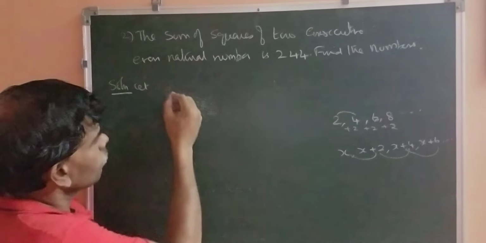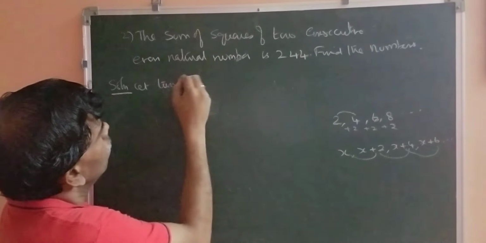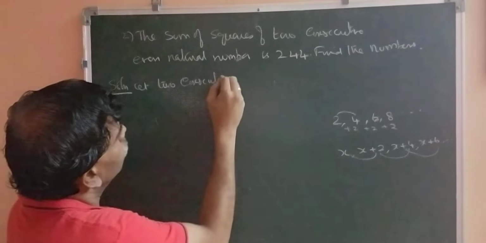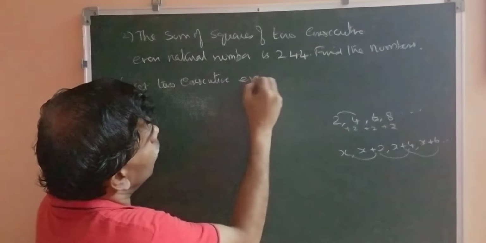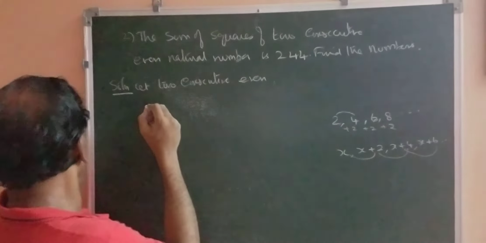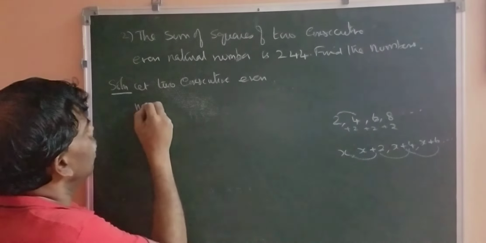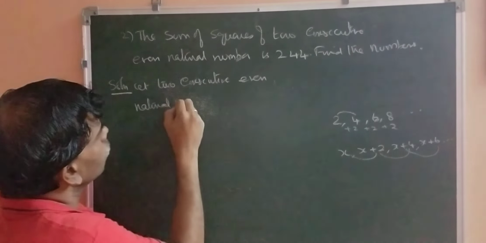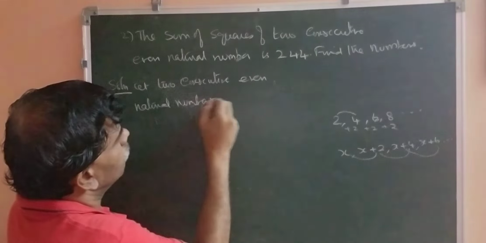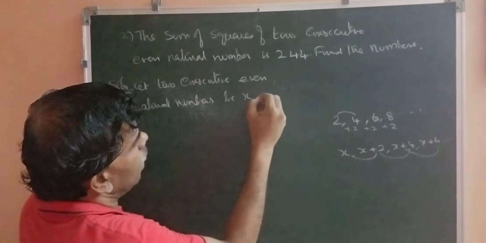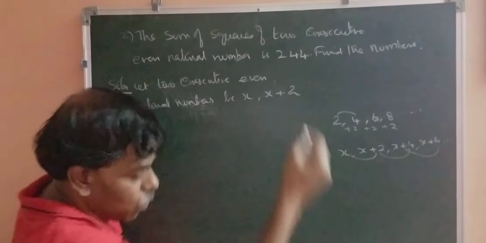Let two consecutive even natural numbers be x, x plus 2.